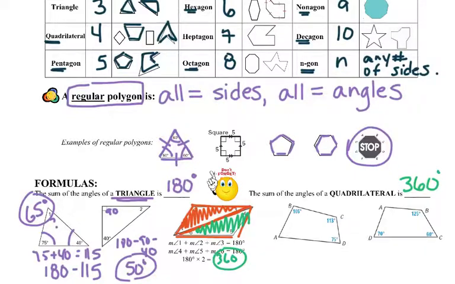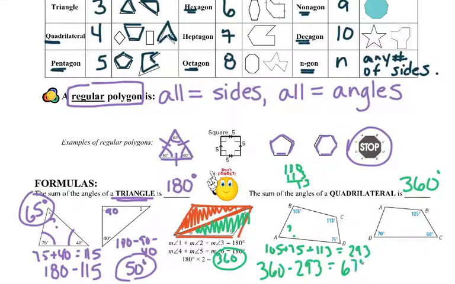So if I want to find the missing angle, I can do one of 2 ways. I can add up 105 plus 75 plus 113. That's 180, I don't have a calculator here, so I have to do this on my own. 293. And then I would take 360 minus 293, which is 67. That's one way to do it. Add up the numbers you have, subtract from 360.